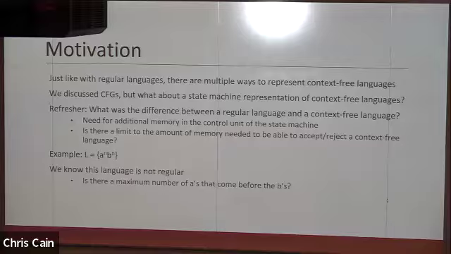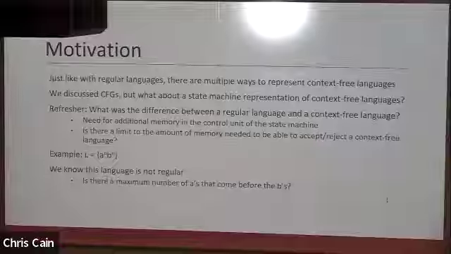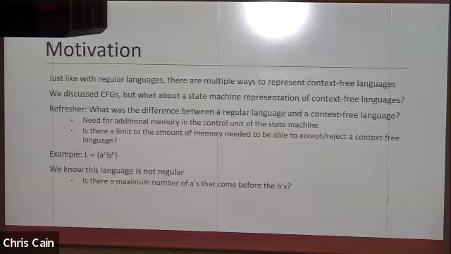Is there a limit to the size of n in recognizing this language in terms of a context-free grammar? By the same recursive definition, we have no limit to the number of a's that can come before the b's. First of all, what was the grammar for this? What grammar recognizes a to the n, b to the n?